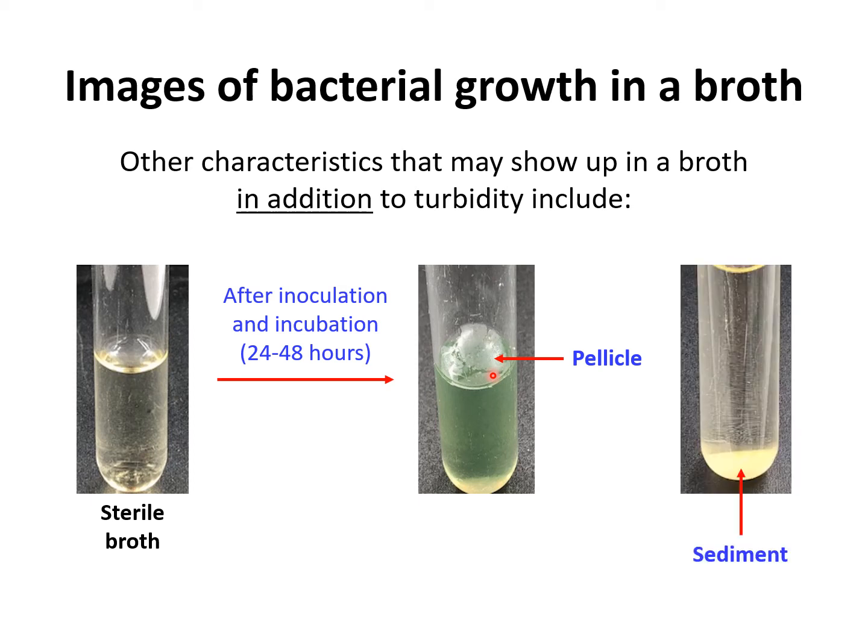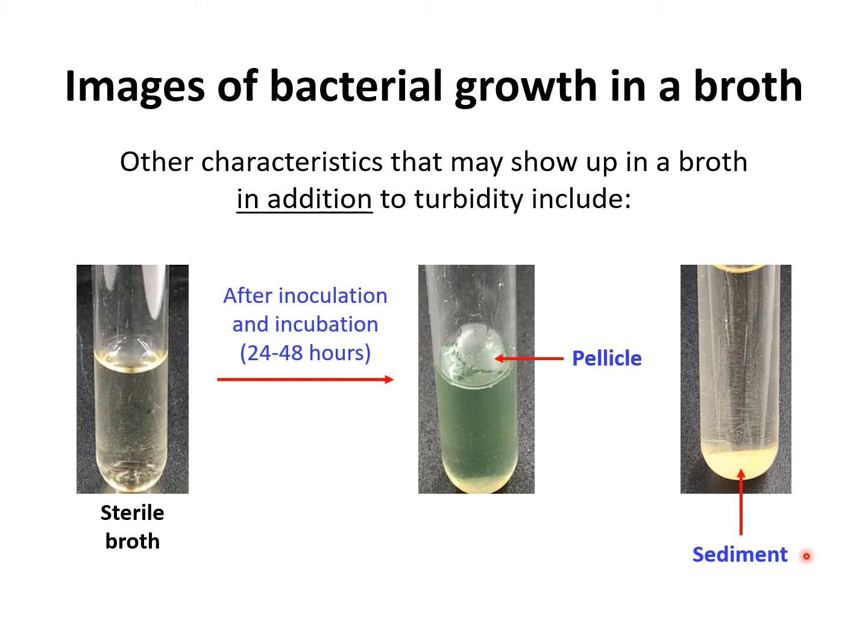And then sometimes you're going to see growth at the bottom of your tube, and that's called a sediment. Sometimes when your bacteria grow, they're pretty heavy, and so they kind of settle down to the bottom of the tube, and we call that a sediment.